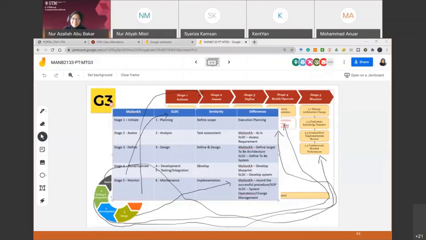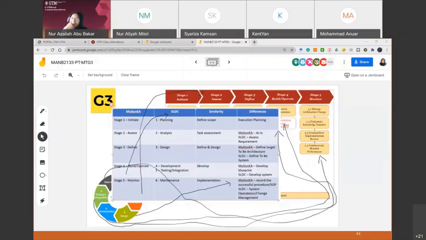Then in stage 4, build and operate. In MyGov EA, we develop the blueprint in terms of documentation and all that. But in SDLC, we develop the system. This is where we do programming to build the software.